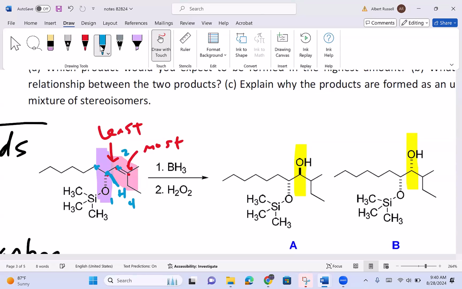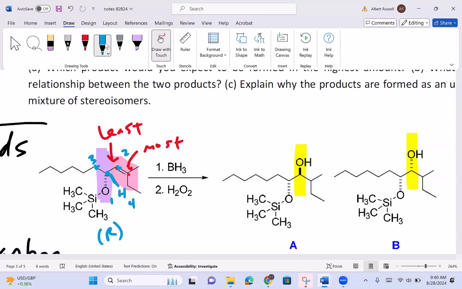Good. So that's 2, and that makes that 3 over here. Is that counterclockwise? Yes. But the hydrogen is on the wedge, so you make it R configuration. So it's R.